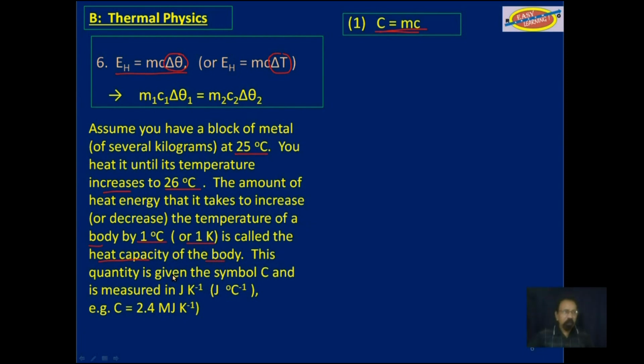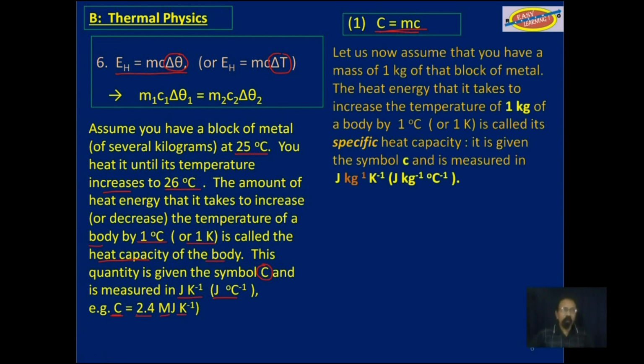This quantity is given the symbol uppercase C and is measured in joules per degree Kelvin or joules per degree Celsius. For example, C is equal to 2.4 megajoules per degree Kelvin.